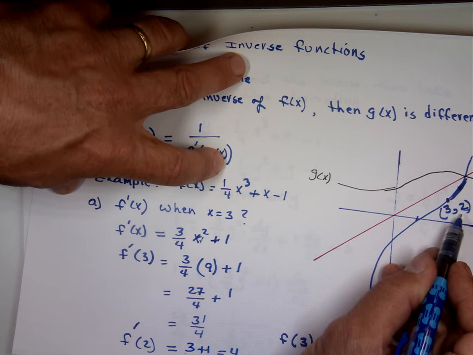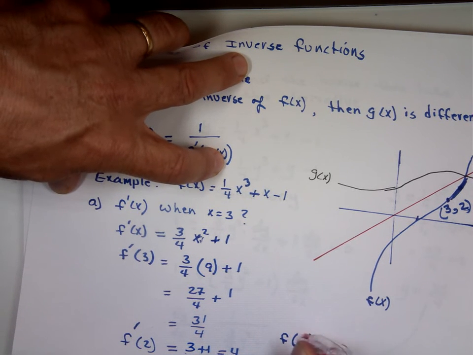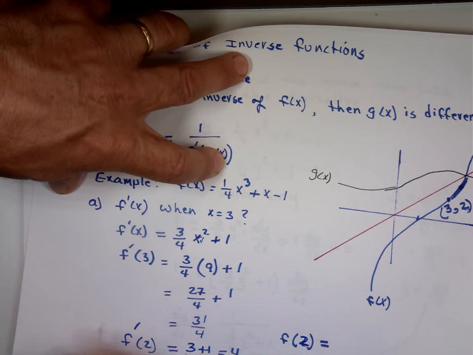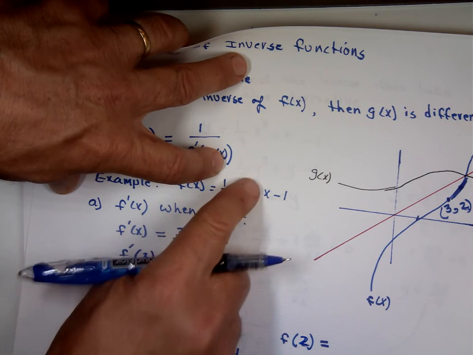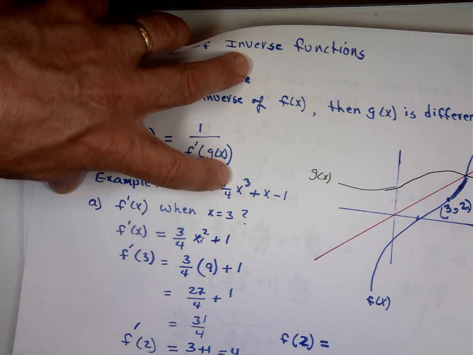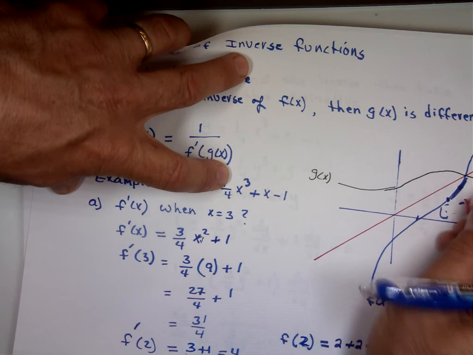So if I do a 2 here, would that give me a 3? When that's 2 here, what do we have? What's 2 cubed? 8. 8 divided by 4, that's a 2. 2 plus 2 minus 1, which is what? 3. When x is 2, the y value is 3.